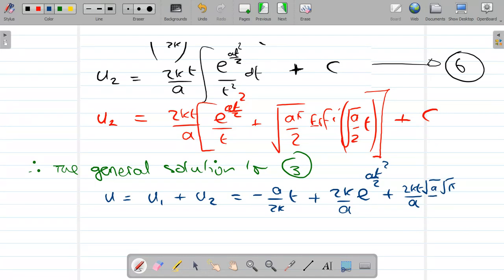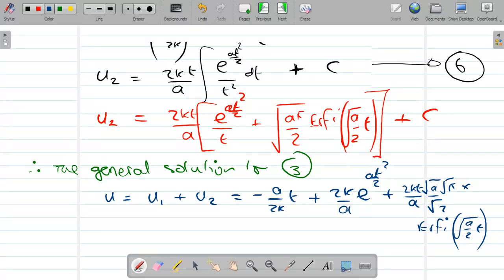I see why it might have been a better idea to leave it all like this before, times the imaginary error function of root a over 2t.